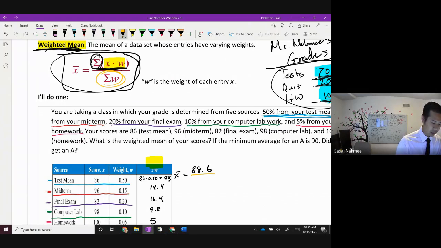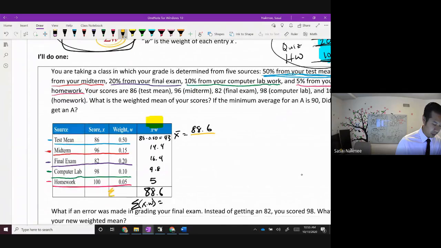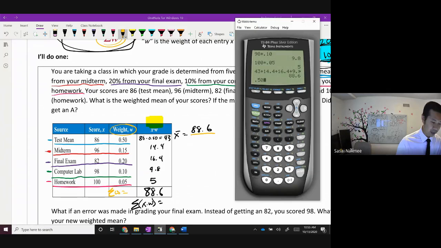That's a sigma, right? And that sigma of W just means to take everything in your W column and add them all up. That's all sigma represents, is that added all together. So I'm supposed to do 0.50, same as 0.5, plus 0.15, plus 0.20, plus 0.10, plus 0.05.